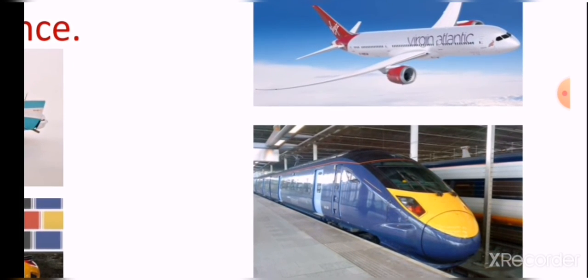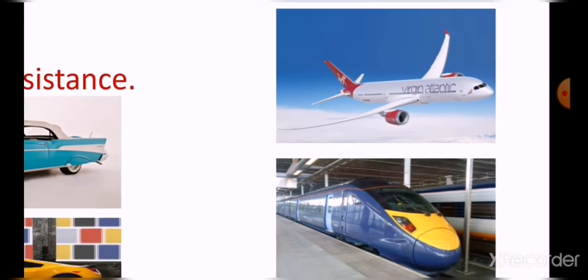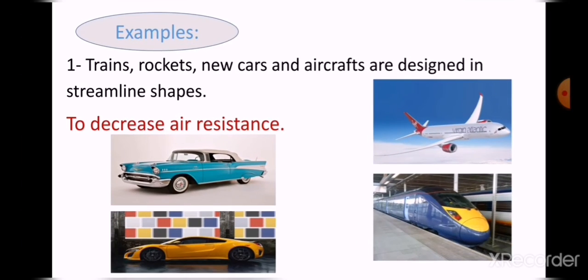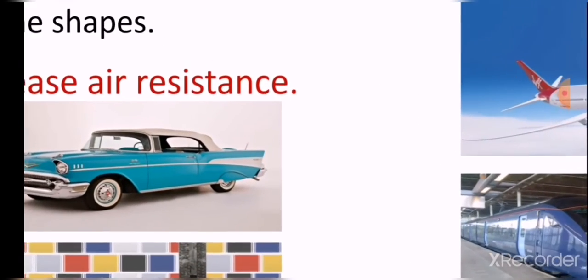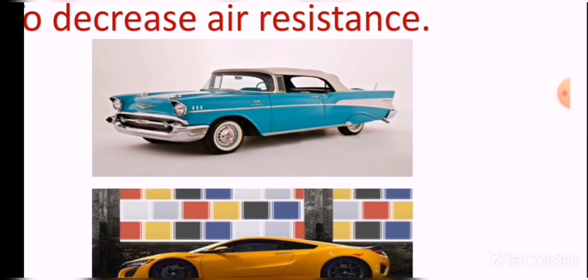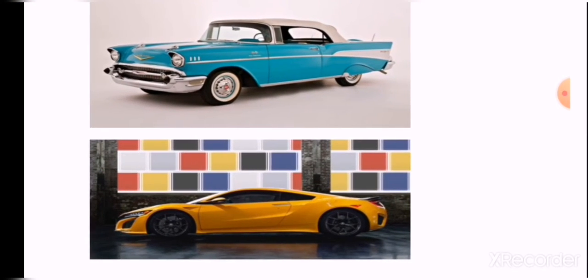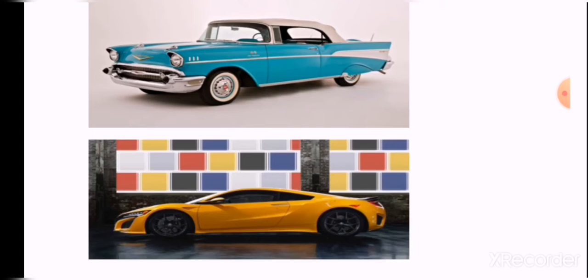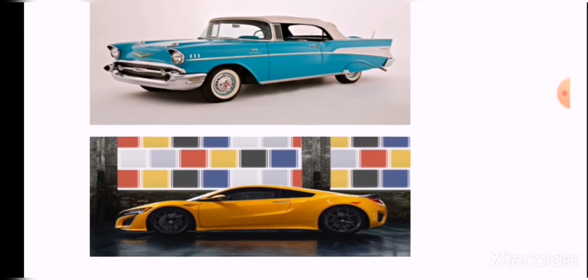They are designed in a streamlined shape, like this. They are modern means of transportation. But the old one, like this car, what is the difference between this and this? The yellow car is the modern car, but the cyan car is the old car. The modern cars are designed in a streamlined shape.